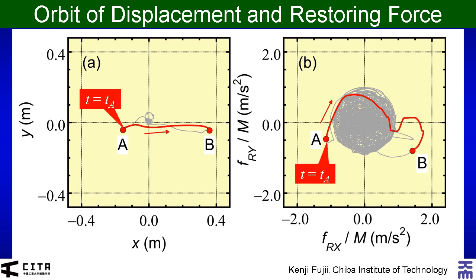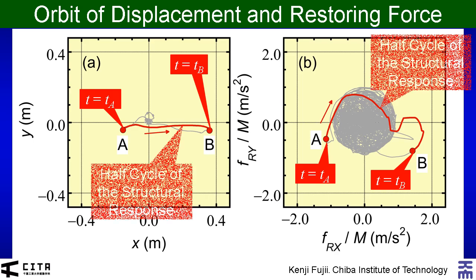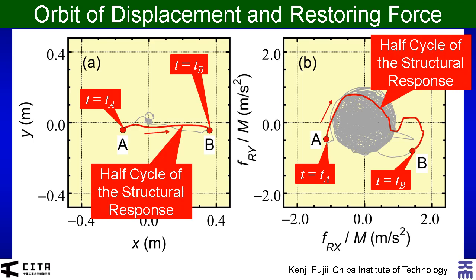The half response of the structural response considered here begins at time Ta and that ends at time Tb. At time Tb, the maximum displacement occurs. These red curves indicate the half cycle of the structural response when the maximum momentary energy input occurs.